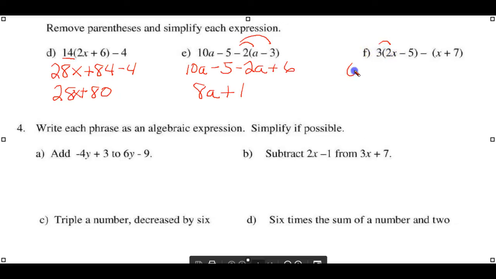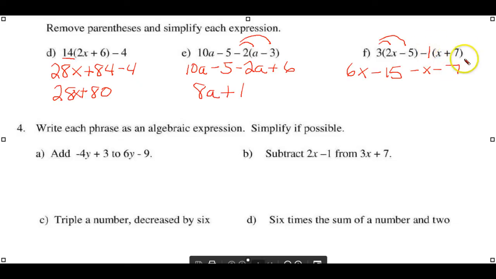This is 6x minus 15. Now here's a case where there's a negative sign in front of the parentheses. You could put a 1 there if you like, and that would be then a negative x and a negative 7.